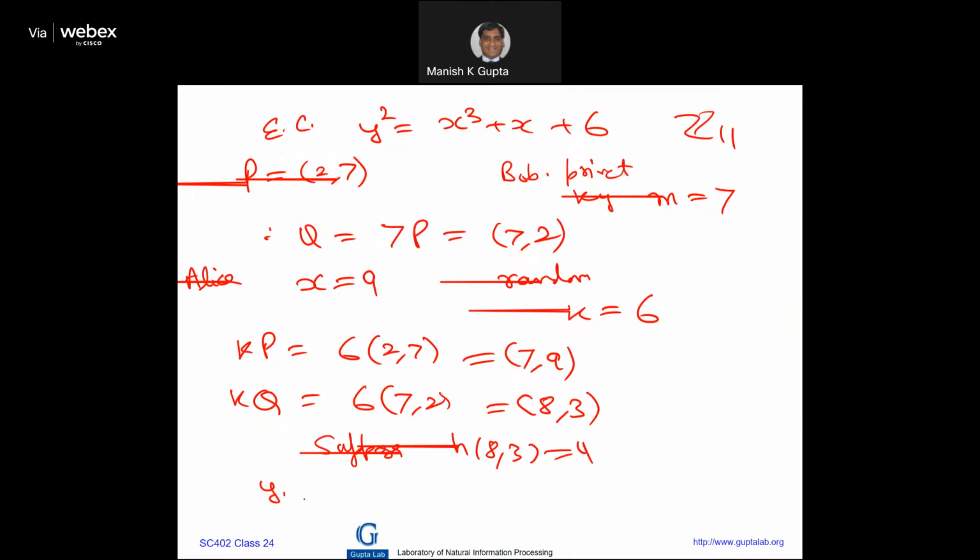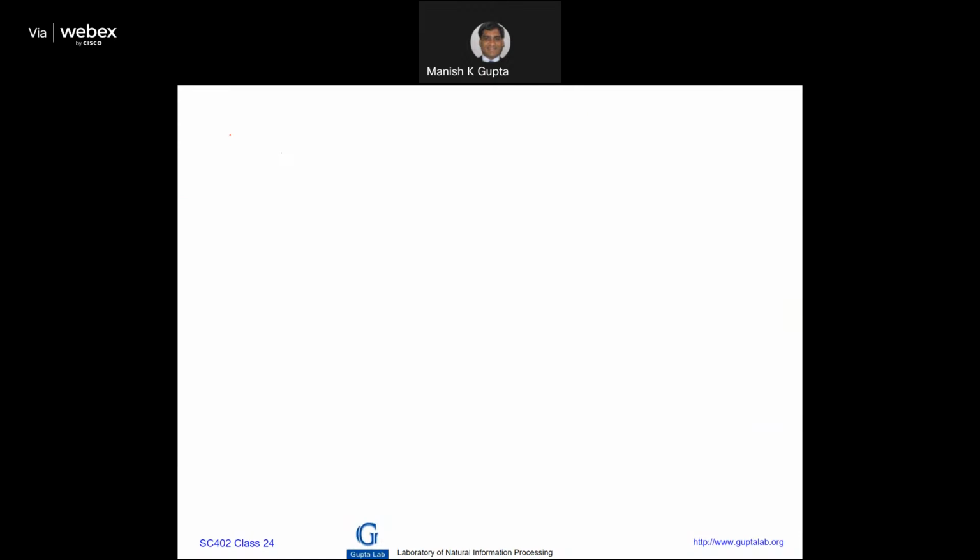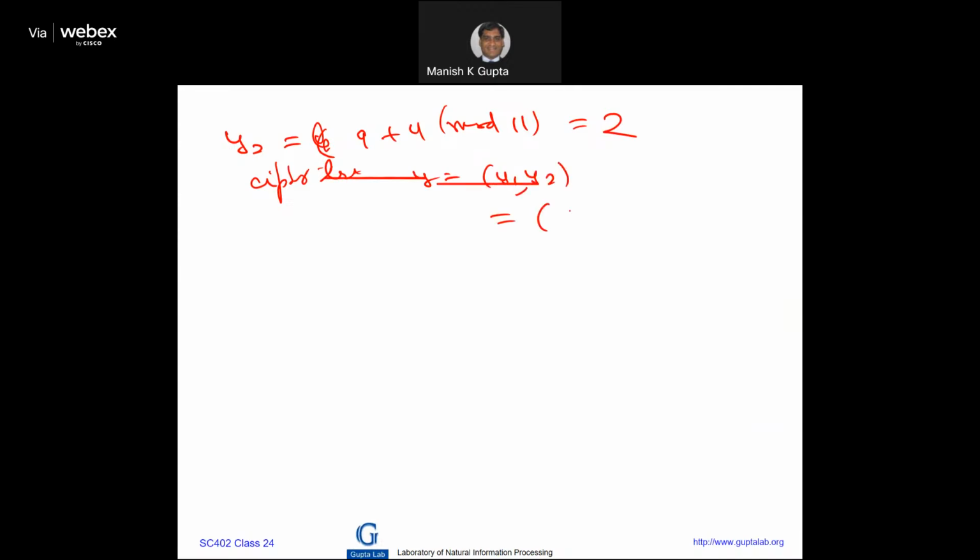Then y1 is nothing but point compress of 7 comma 9, which is 7 comma 1. You can actually compute all these things, and y2 is equal to 9 plus 4 mod 11, equal to 2. So the ciphertext is y equal to y1 comma y2, 7 comma 1 comma 2.